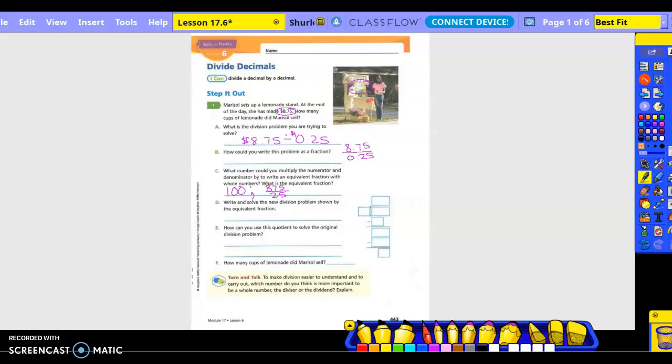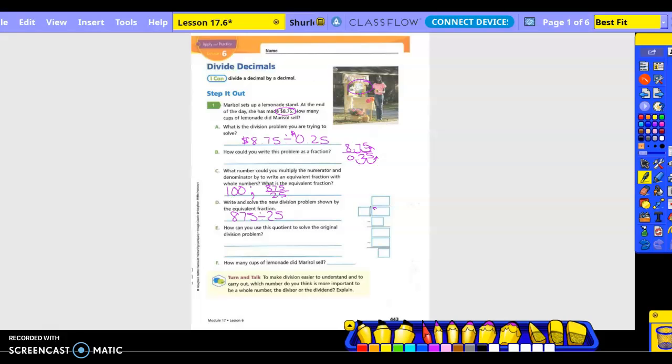Because basically, I move the decimal over twice, and then I move the decimal over twice here. Okay. So write and solve the new division problem shown by the equivalent fraction. So basically, we now have 875 divided by 25.